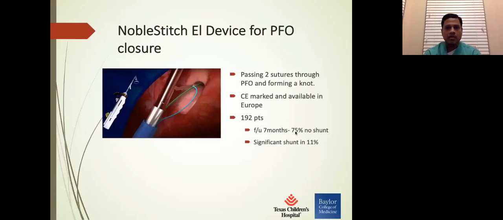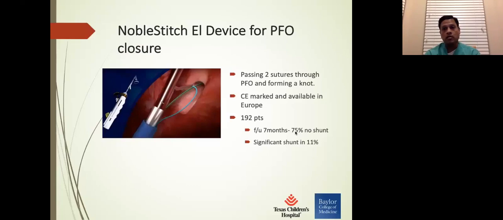This is not something where you can close the ASD with, but this could be some technique which could be used in the future to possibly put a patch by a transcatheter approach in patients with ASD.